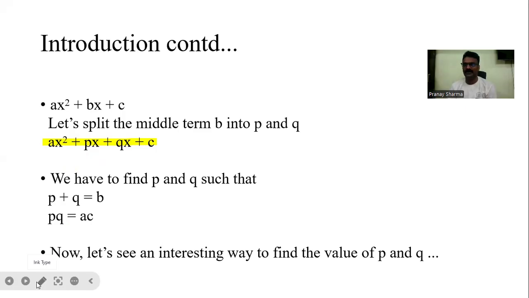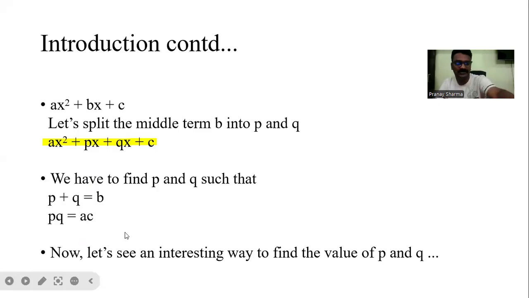This is obviously not in addition, so that is what we have done here. When you multiply p and q, that means the coefficients of x, you will get a product equivalent to a into c. That means the coefficient of x square times the constant term. While when you club them, p plus q will give you b only, right? So in this way, we'll be splitting it. I know it looks abstract as of now, but we'll take an example and then it will be clear.